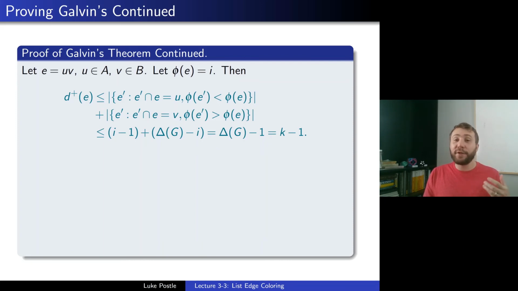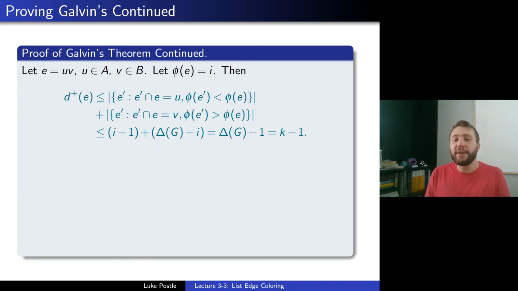Around U, you have colors 1 up to I minus 1, so there can be at most I minus 1 for that first term. Similarly, on the other side, you can have at most colors I plus 1 up to K, which would be K minus I. If you sum up these two, you get a bound of K minus 1, equivalently delta minus 1. So the out degree of any edge in that picture is always at most K minus 1, since it's not incident with any edge colored with its own color.